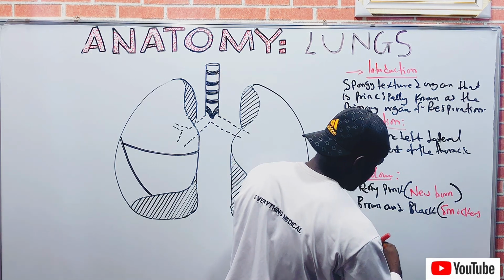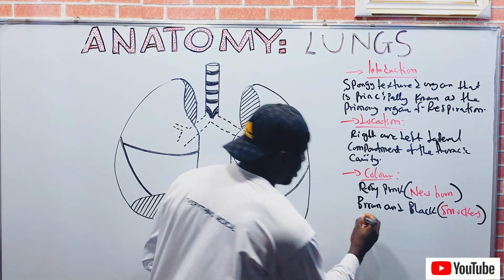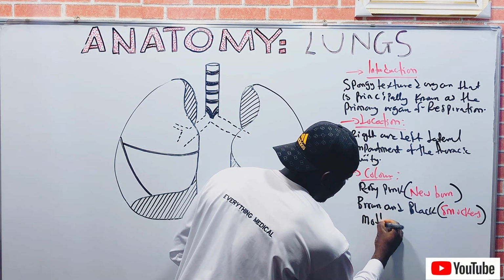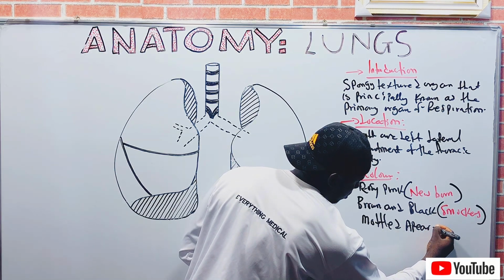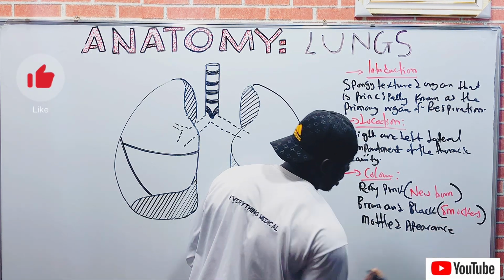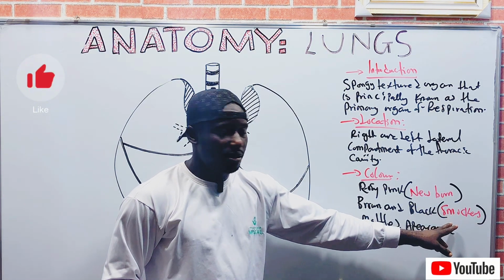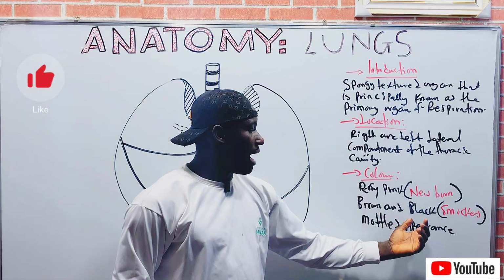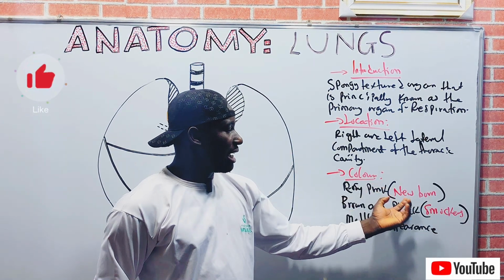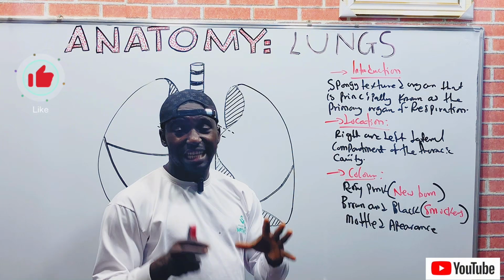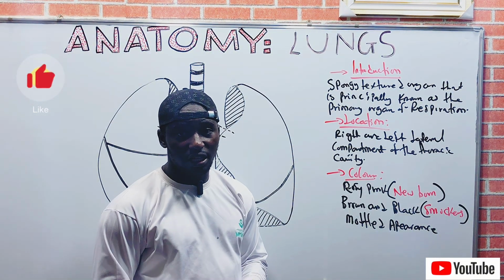And also mottled appearance. This is for smokers. Now brown and black and mottled appearance are for smokers, while rosy pink are for newborn and people that stay in a clean environment. So that is the variations on the colors of the lungs.